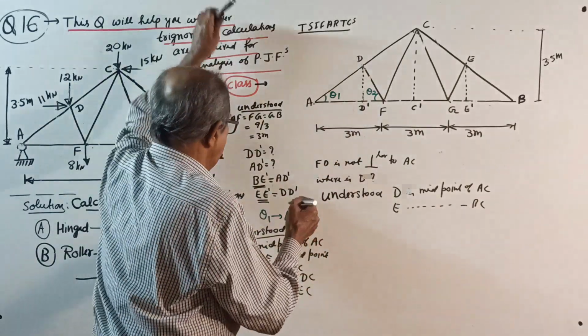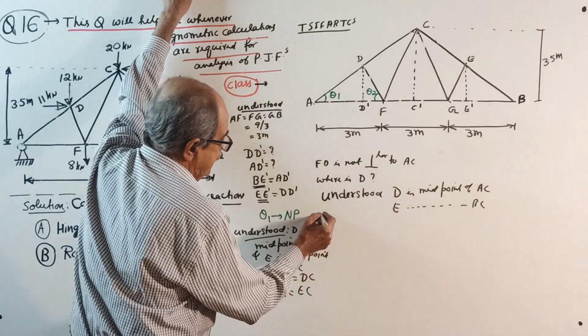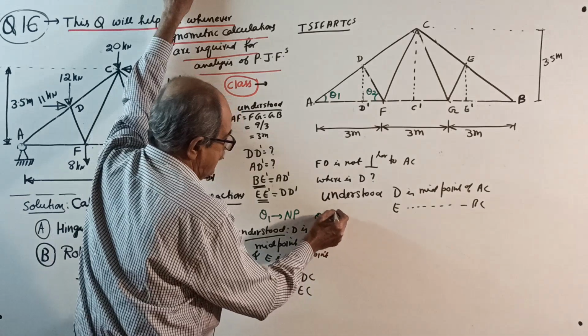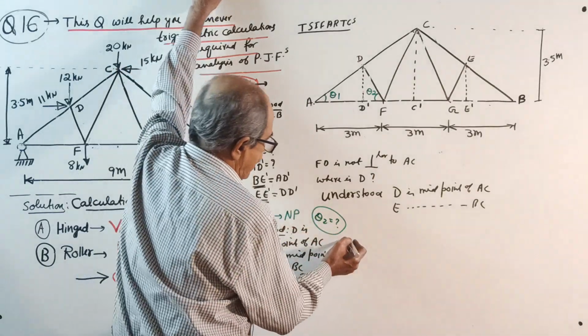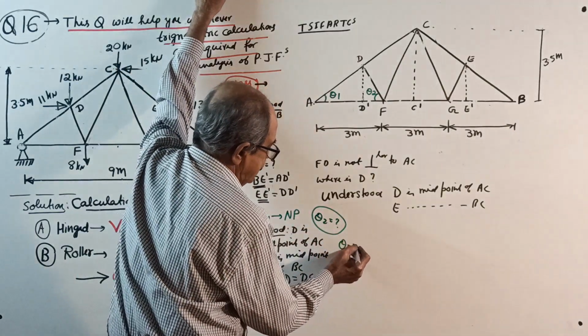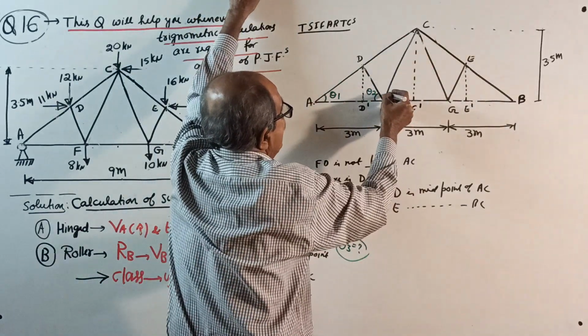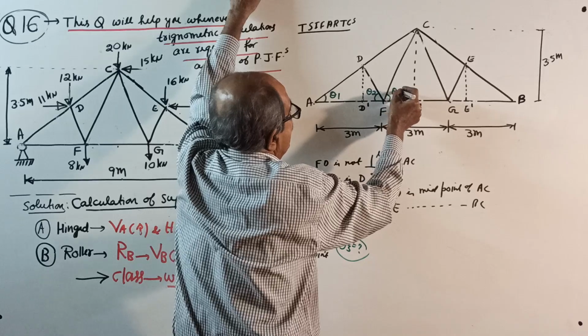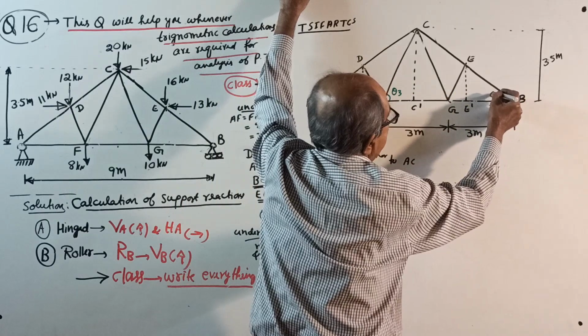You need one more angle. Theta 1, no problem. So next, theta 2 required. Put question mark. Then you also require theta 3. Where is theta 3? This angle, theta 3. If this is theta 1, this also theta 1.